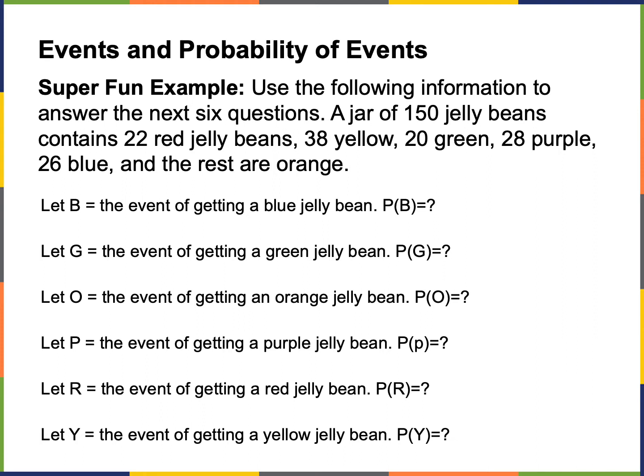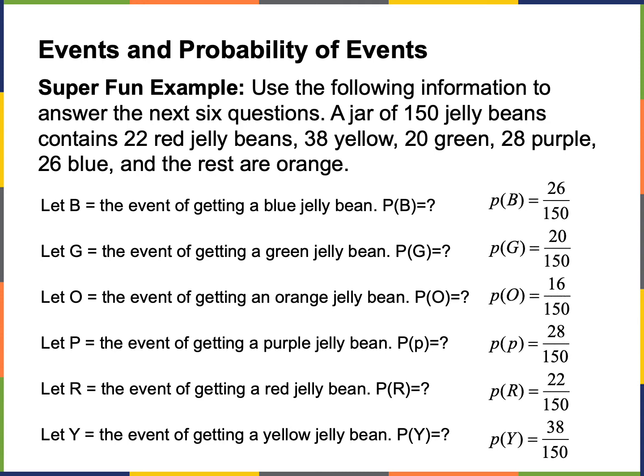I'm going to assume that you did pause it and that you tried it. So let's see if you were correct. If you guessed for blue jelly beans, since there are 26 blue, that the probability of blue is 26 out of 150, you were correct. How many green are there?